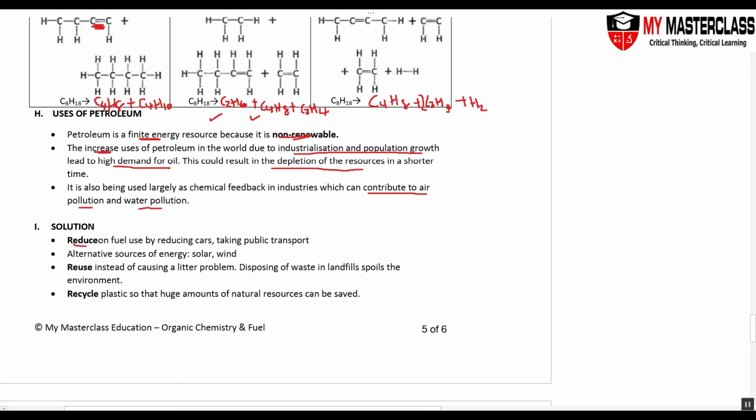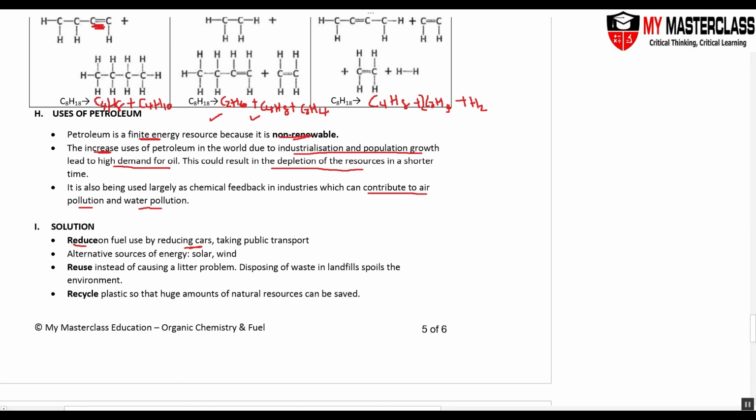So reduce the fuel consumption by reducing cars. So take public transport, you share the transport, you know, one vehicle on the road transporting 40 people rather than 2 people in the car. Use alternative energy sources that are renewable, solar energy, wind energy. Okay, reuse items so that you don't have to keep reproducing them in the factories.